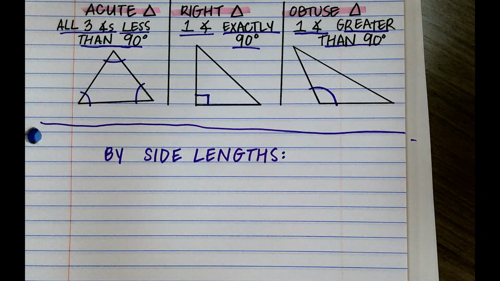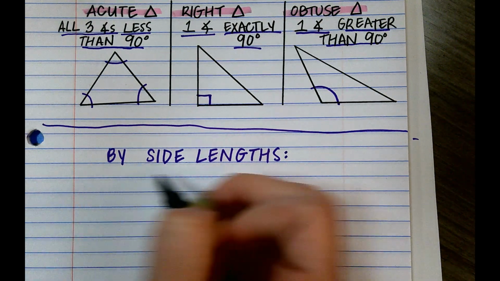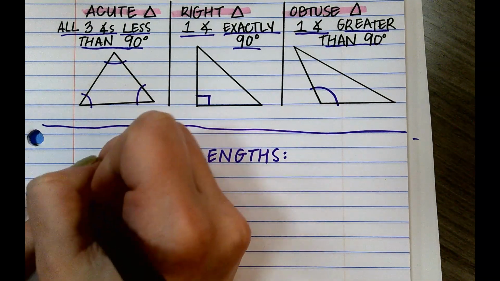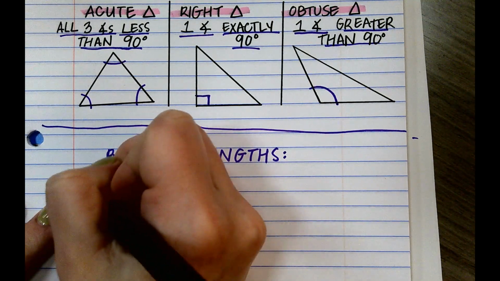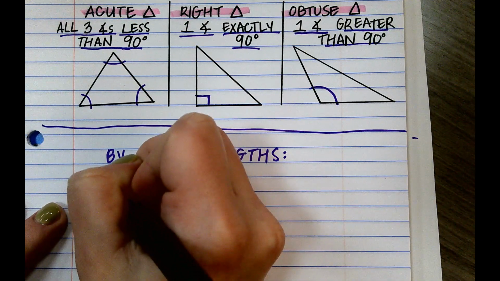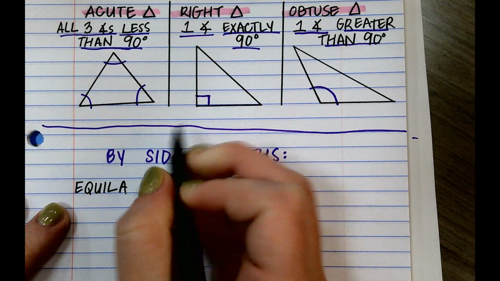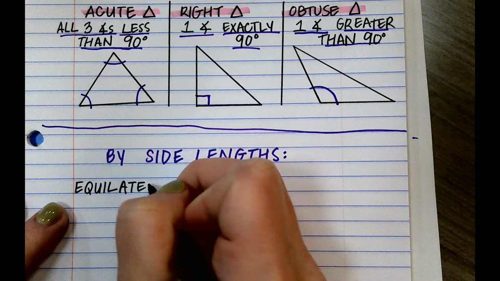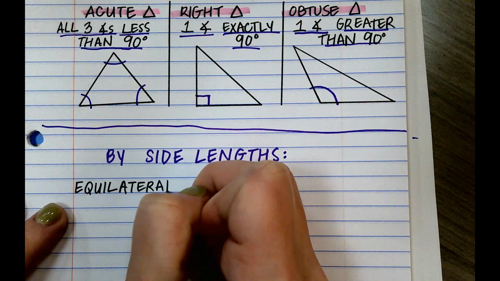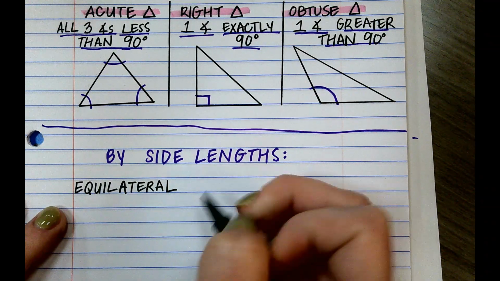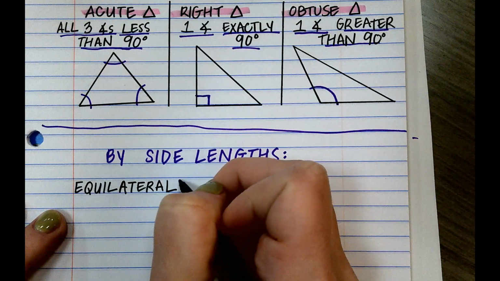Side length triangles have some funky names. The first one is called an equilateral triangle.